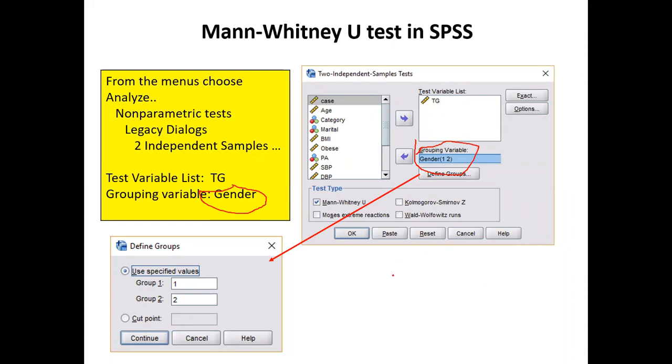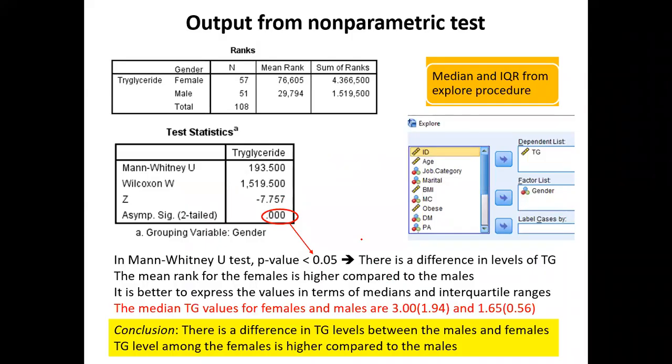Okay, look at the results and the p-value. What's the p-value? The p-value is lesser than 0.001. That means there is a difference.